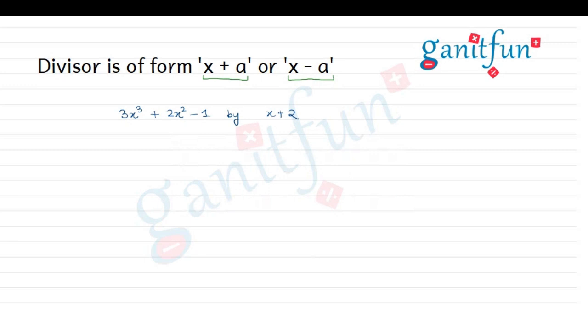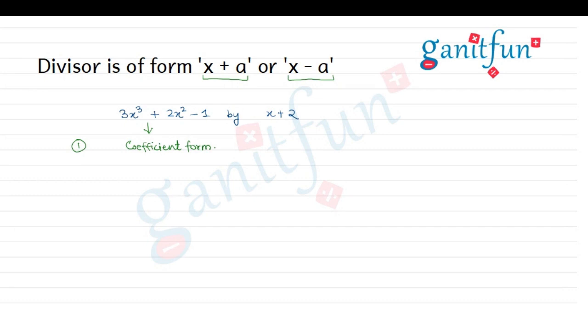Now you can see this is of the form x plus a. The first step is to convert this polynomial into its coefficient form. For converting into coefficient form, we will need to write it in the index form. The index form of a polynomial is basically all the powers of x present in decreasing order.